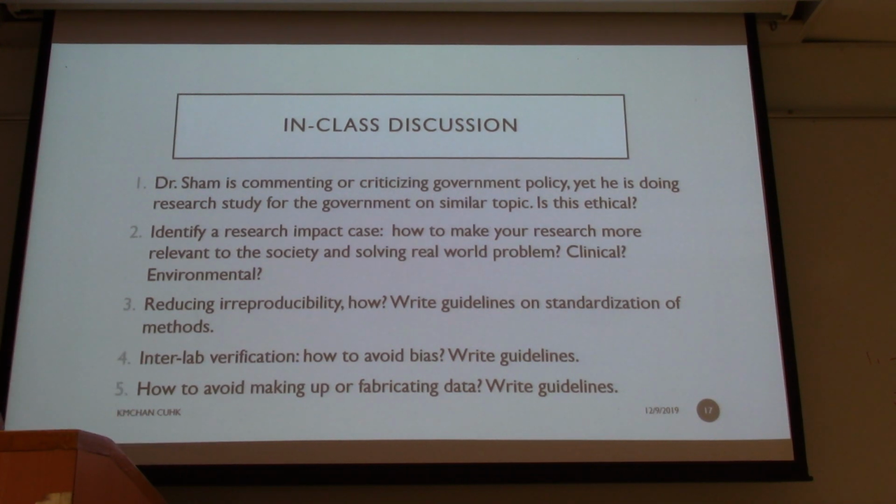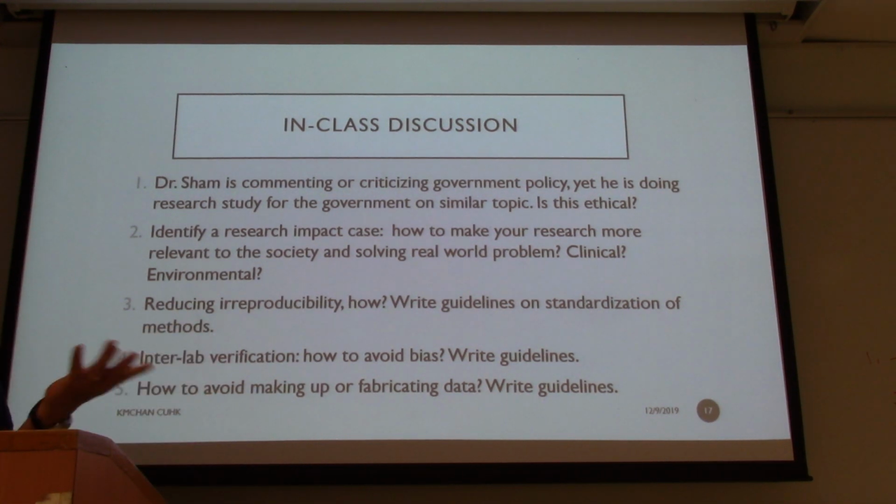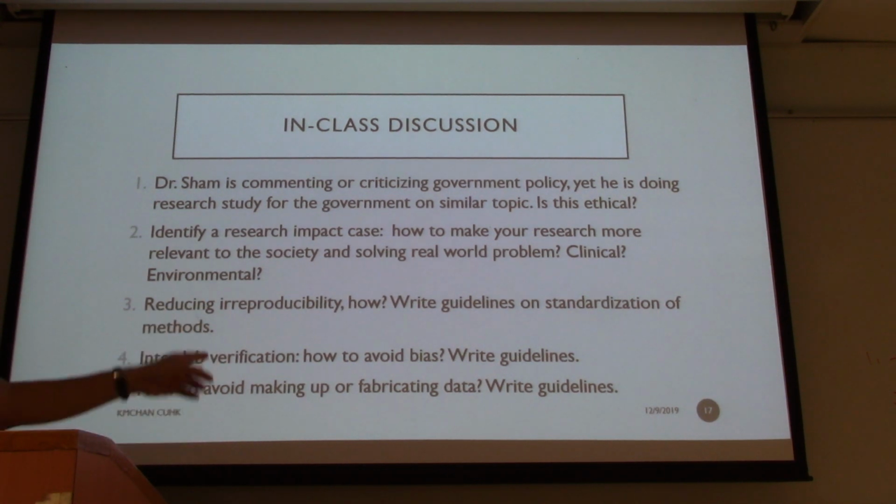Number 4, interlab verification. Sorry about that, I also name iGEM again. One of the requirements of the competition is that they will ask different teams to test different biobricks or test the same biobrick. Now, my question posed to you is how to avoid bias. I would expect this is the IPTG inducible, so obviously this will give results, right?